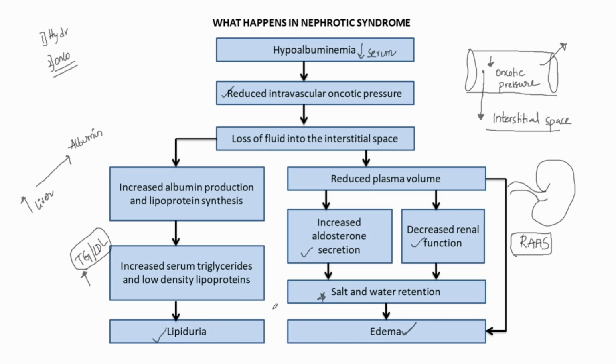So with this part of the discussion, you know why there is development of edema and why there is development of hyperlipidemia and lipiduria. Activation of the RAAS leads to salt and water retention. This leads to edema, and similarly increased lipoprotein synthesis by the liver, because of the positive feedback mechanism, that is low albumin. Now the liver starts synthesizing so that it can compensate for the albumin. All this leads to hyperlipidemia and lipiduria.